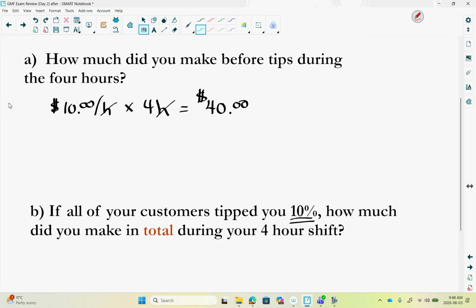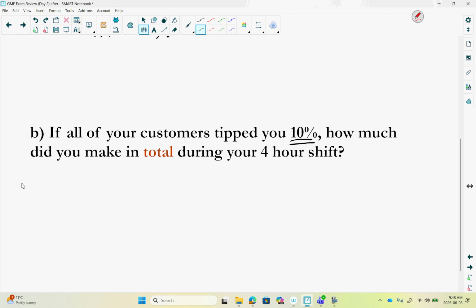So this is like your regular hourly wage. Now we've got to figure out their tips. 10% of $2,500. 10% as a decimal, what is it? 0.1.